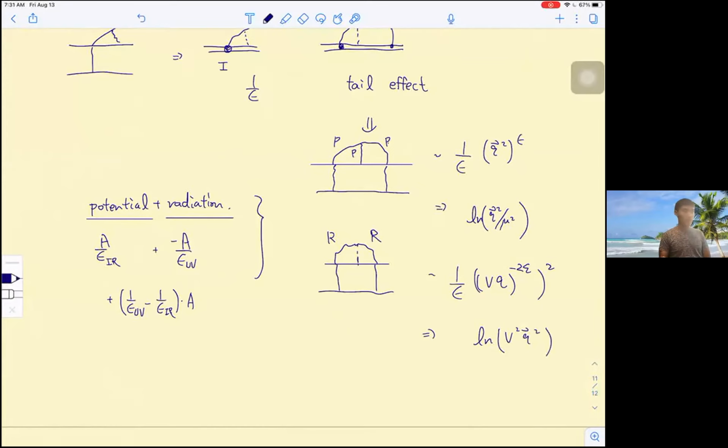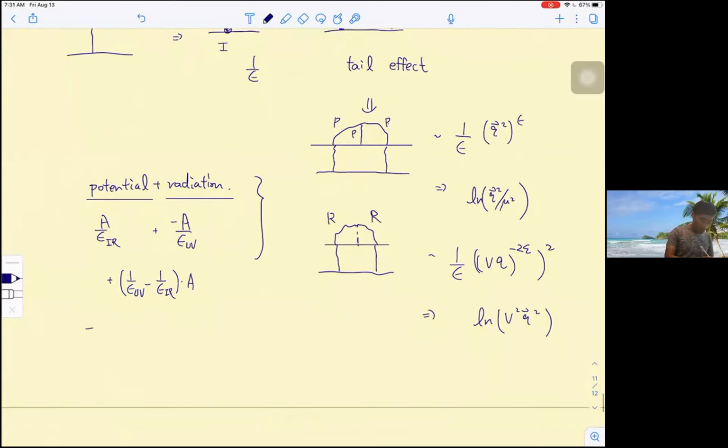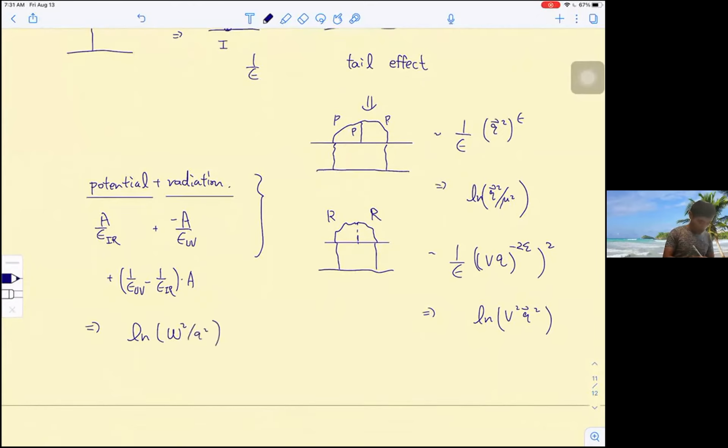So when you combine these two, the mu scale cancels, but the physical effect of this is that it gives you something that corresponds to log omega squared over Q squared. So that's the tail effect, because you can see that the log you have now depends on velocity.